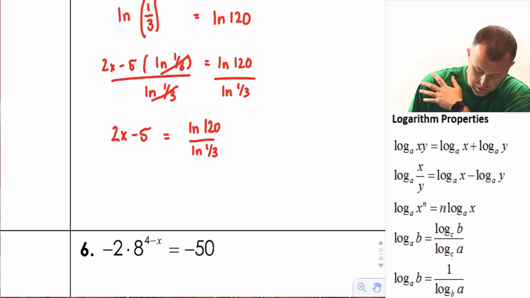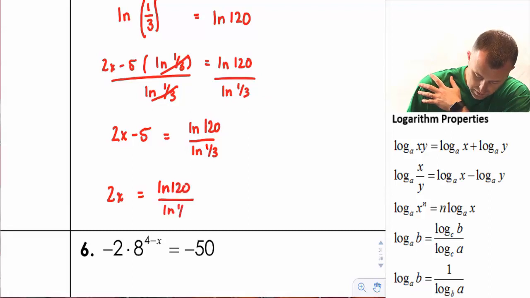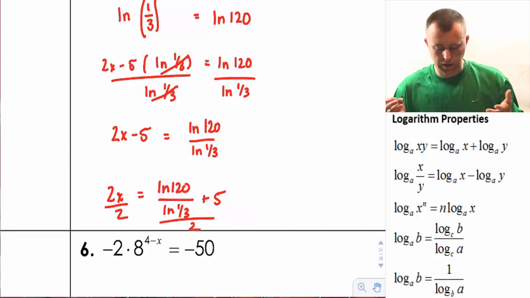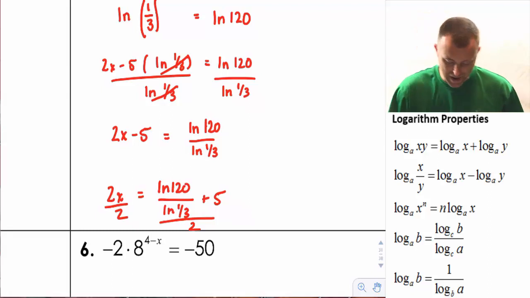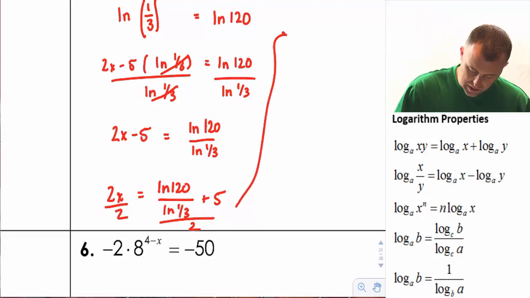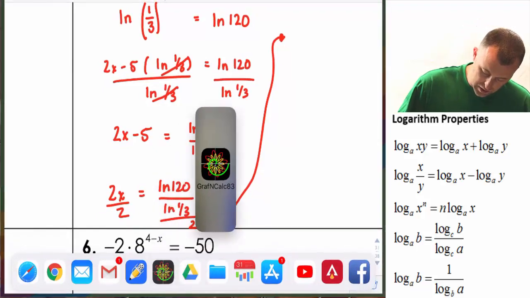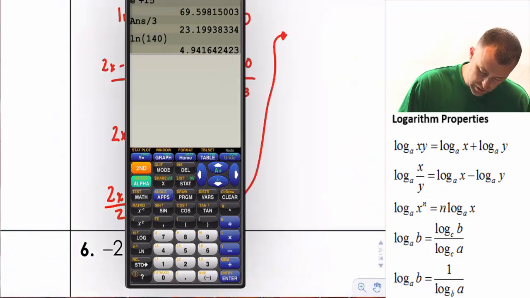And now I'm going to just add 5 to both sides. So that's 2x equals that natural log plus 5. And then I'm going to divide all that by 2. You're going to need a calculator for this at this point, but at least I don't need to store numbers. And it's up to you if you want to store numbers, it's okay. So anyway, here I go.